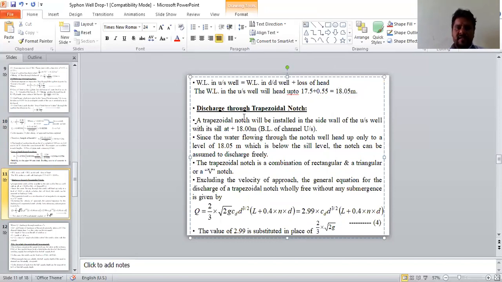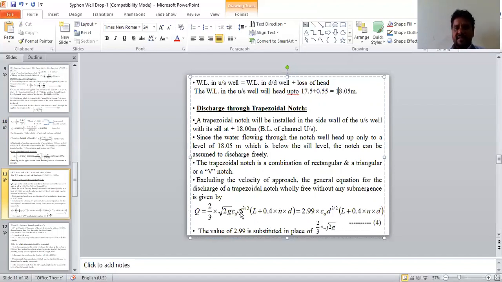Now discharge through the trapezoidal notch. So a trapezoidal notch is provided, so discharge you can calculate. The notch dimension we have to calculate, so we can go for this formula. Remember this formula, it is very important. You might know this. Discharge through end contractions: if the number of end contractions is given, you have to use this formula, right? So substitute everything.